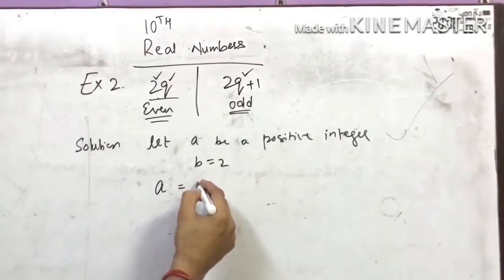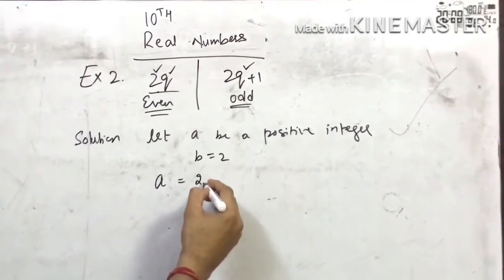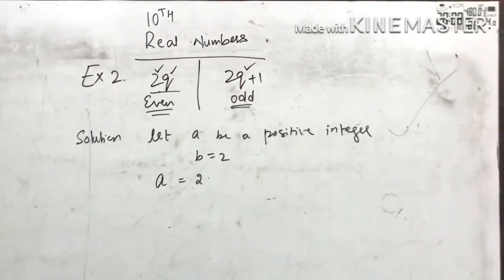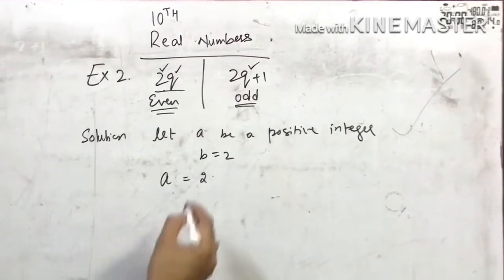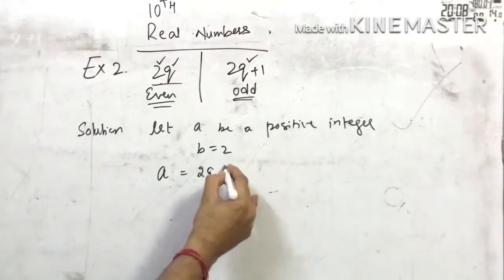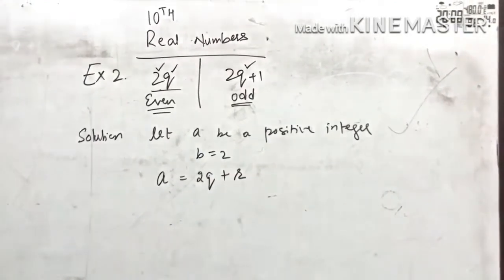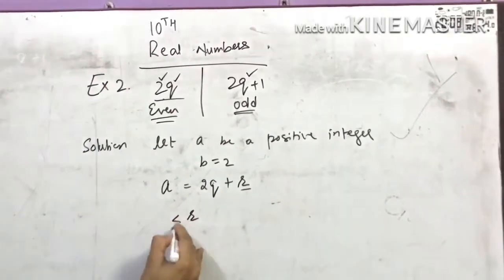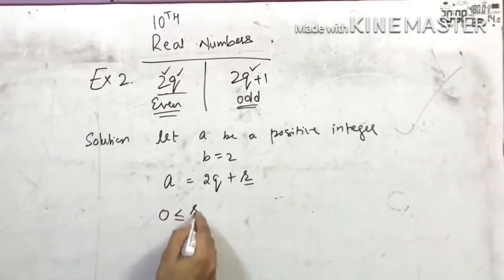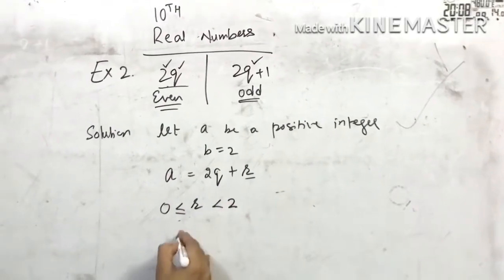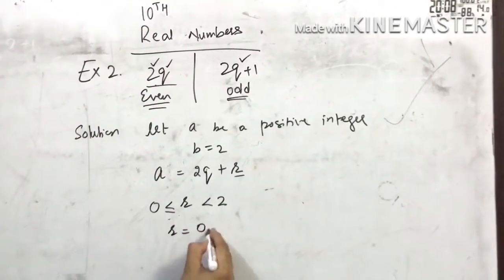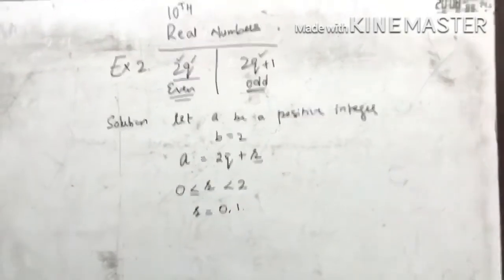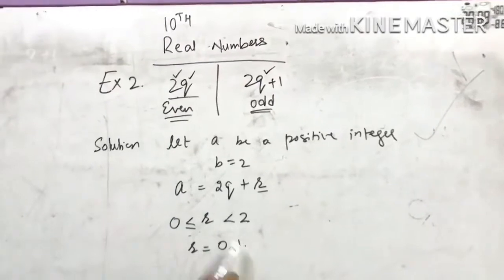That will be a is equal to 2q plus r, now q is an integer. If you write in this way, what will be the value of r? That will be either equal to or greater than 0 but less than 2. So exact value of r will be 0, 1, but it cannot be 2 because it is less than 2 as per the Euclid division lemma. It can only be 0 and 1.